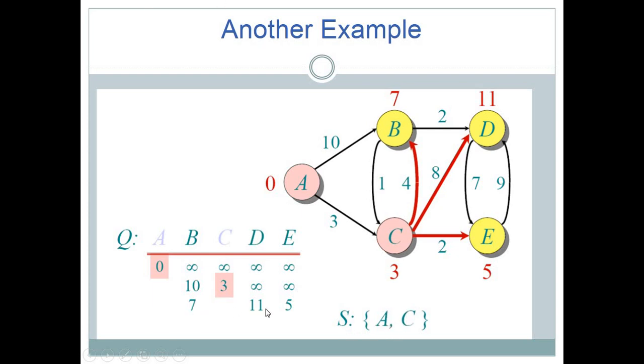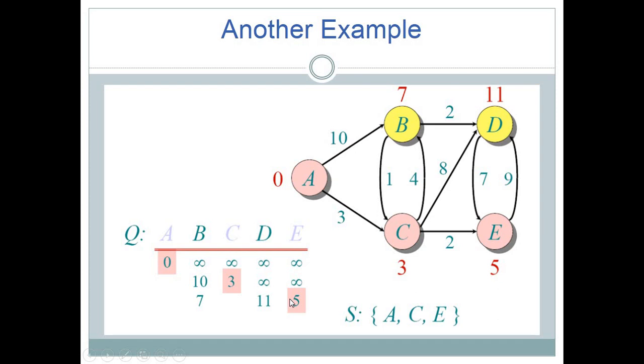Now from this we will consider 5 again. If we consider 5, then from the E node, the available node in contact with E is D. If we find our updated distance from A to D, previously A to D is 11, but if we consider A to C 3 plus C to E 2, which means 5, and plus 9 here, it will be 14, but our previous distance is 11, so it is already the minimum distance, and we will not change it.